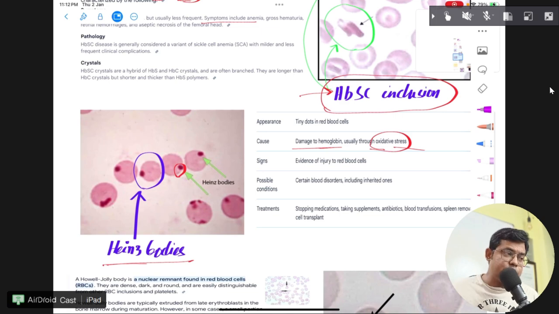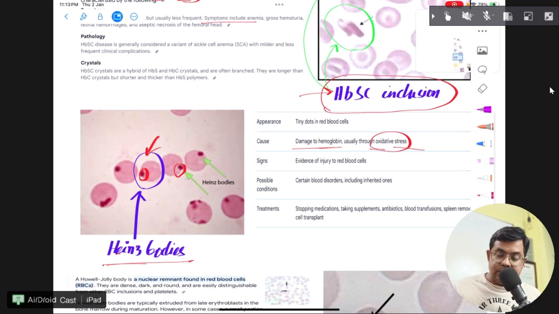So, if there is any oxidative stress within the red cells, then the hemoglobins are degenerated, or better to say, hemoglobins are denatured, and they form these dot-like structures, and they are Heinz bodies.